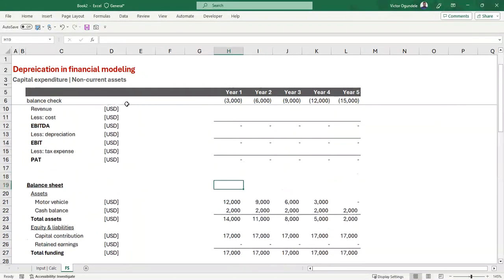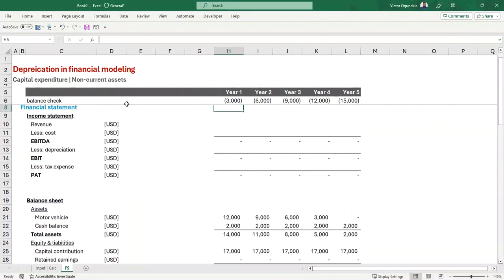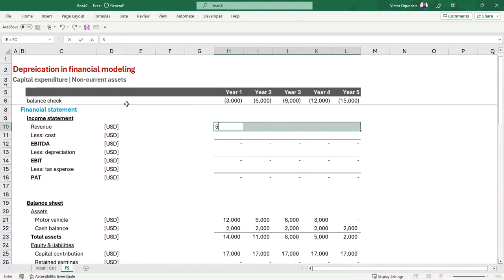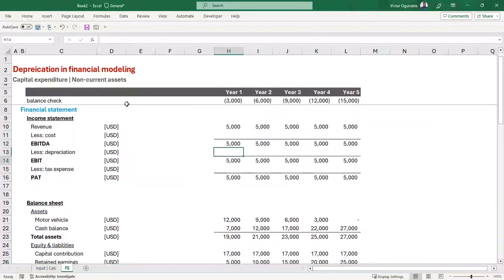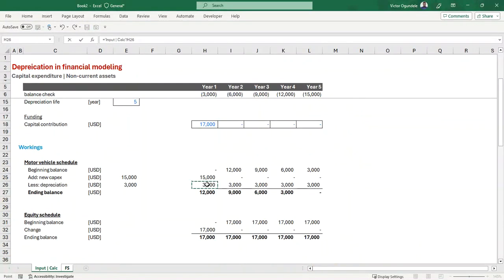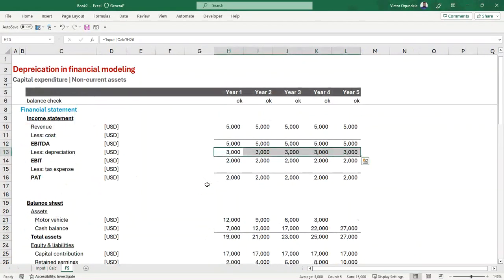So instead of the whole 15 eating this guy, let's assume our revenue is still 5,000, right? That means I'll bring my depreciation here, which means I'm expensing it over the lifespan of it. And as such, it still gives us a leverage profitability position.